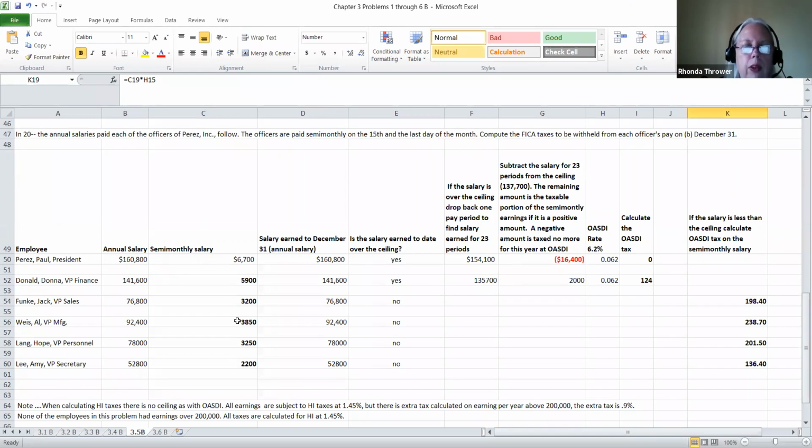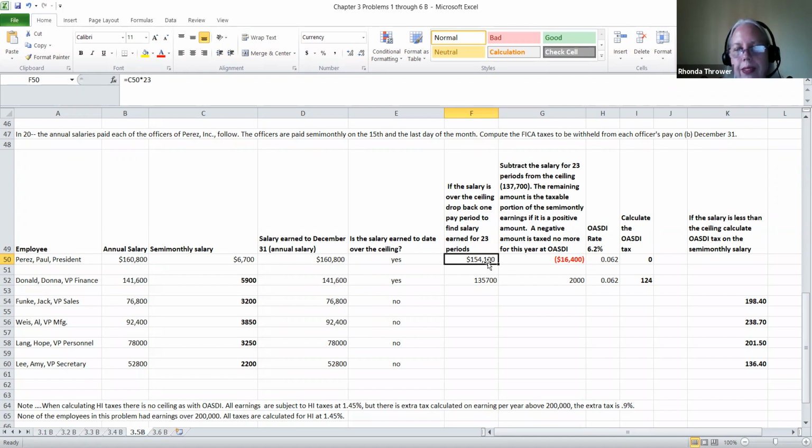We still find the semi-monthly salary amount, but the first person, Paul Perez, went over the ceiling. And so we had to drop back to 23 pay periods, because at December 31st, that would have been the 24th pay period. We dropped back one to 23 pay periods and calculate 6,700 times 23 periods. That will give you this amount here.